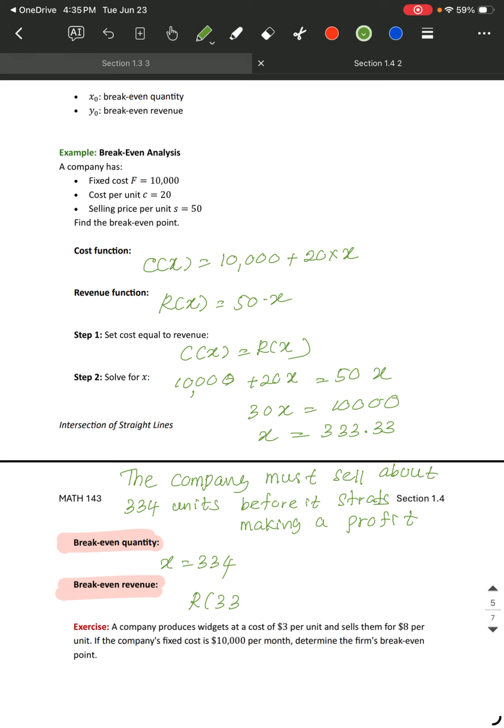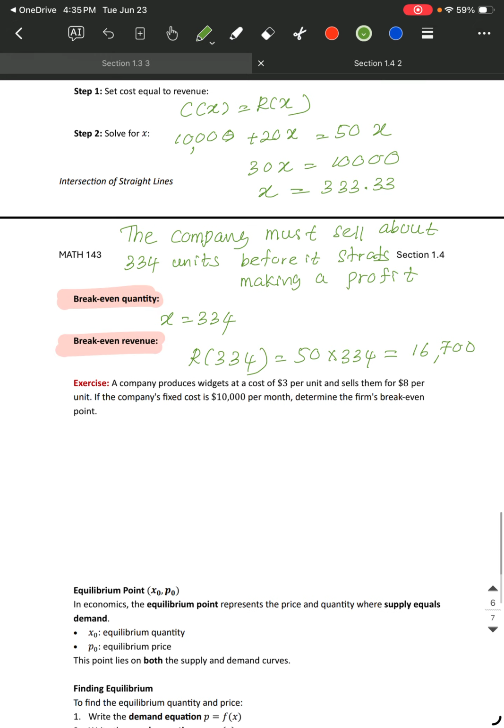R of 334 gives $16,700. Substitute the break-even quantity into the revenue function to get the break-even revenue.